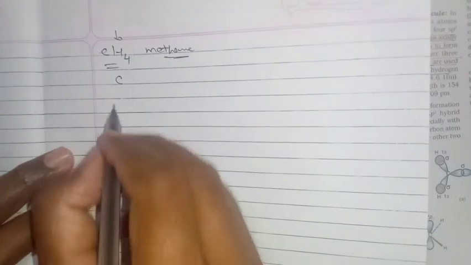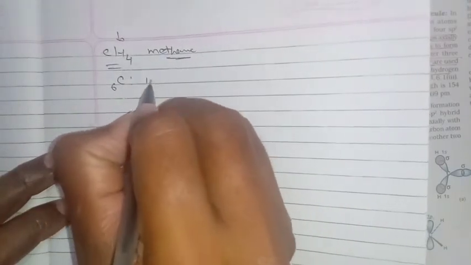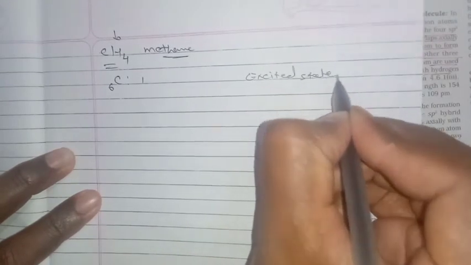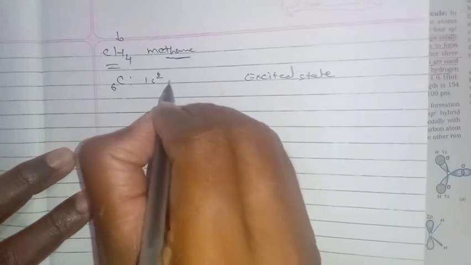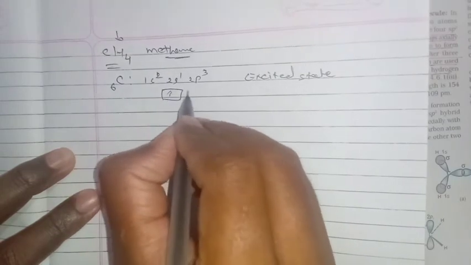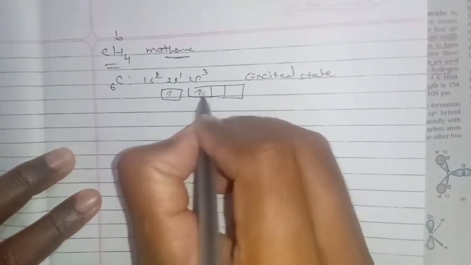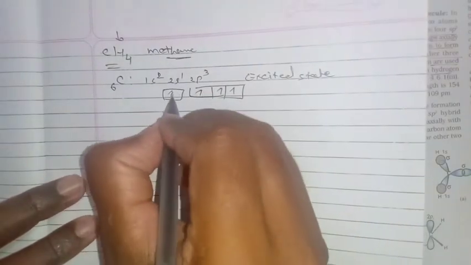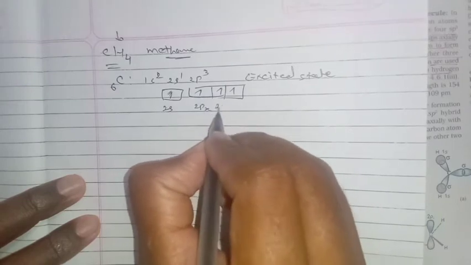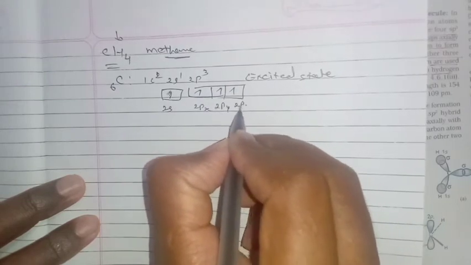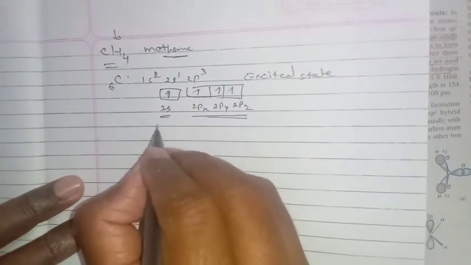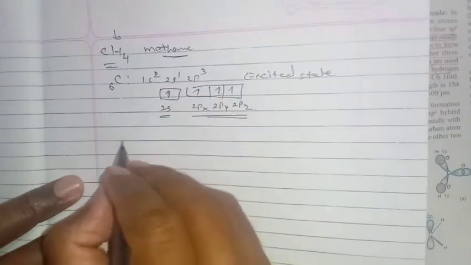Here it's carbon, and its electronic configuration in the excited state is 1s2, 2s1, and 2p3, 1, 2, and 3. That means a total of 4 orbitals take part in the hybridization.